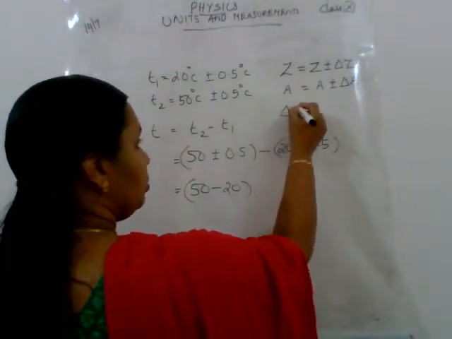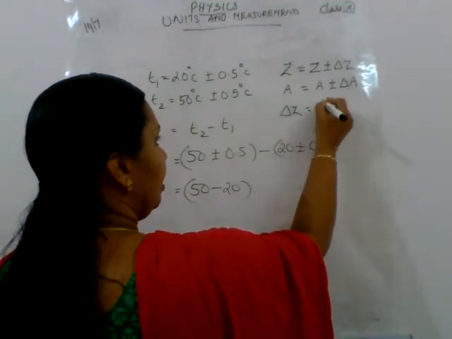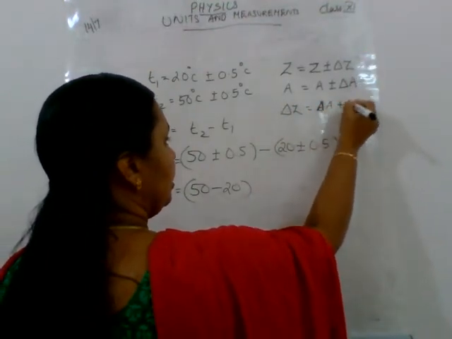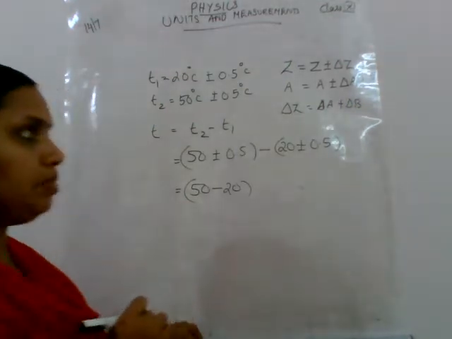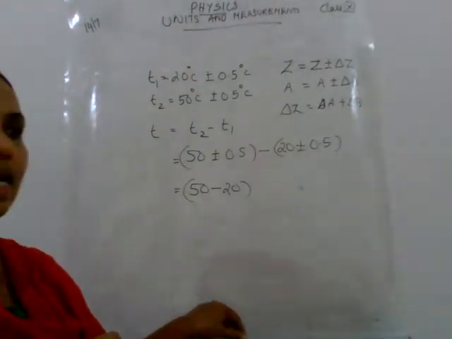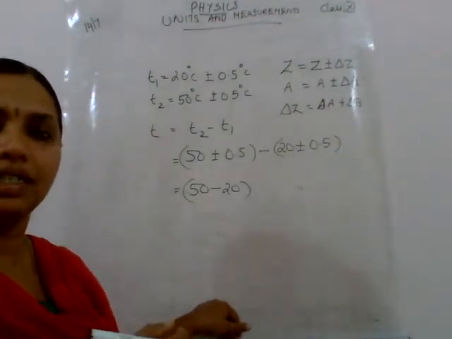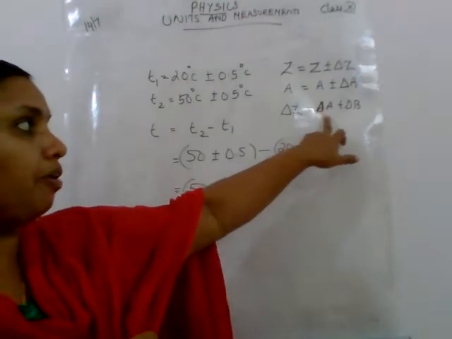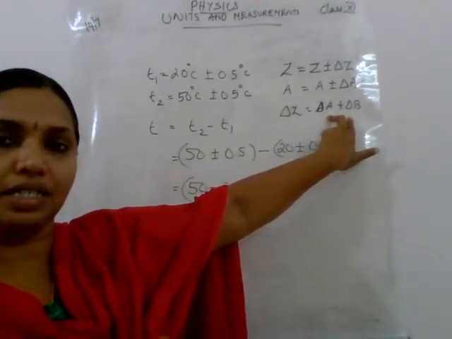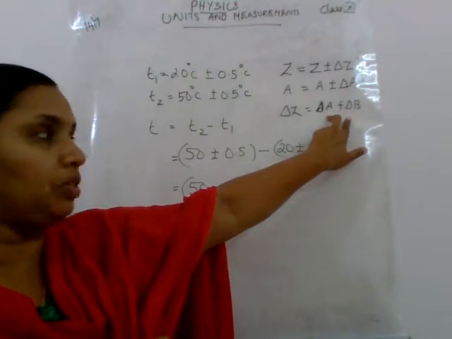Delta Z is equal to delta A plus delta B, the sum of the absolute errors. If you are finding the sum or difference, then the resultant error will be the sum of the individual errors, delta A plus delta B. We have the equation.